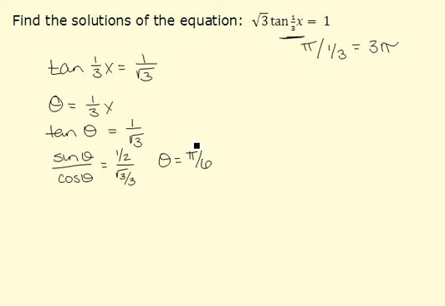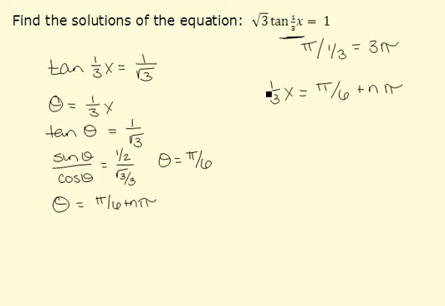We would now know that the tangent function, tangent of theta, would have solutions to the equation tangent of theta equal 1 over the square root of 3 at pi over 6 plus n pi. To find our solutions for our original equations, we really wanted 1/3 x to be equal to that general solution of pi over 6 plus n pi.